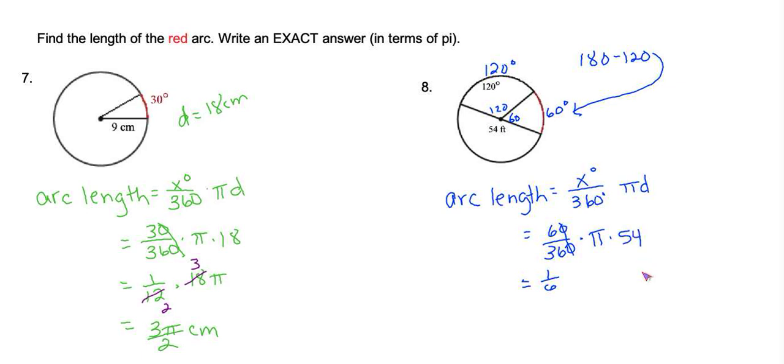So I want 1/6 of the whole circumference, which is 54 pi. So 1/6 of 54 is 9. So I'm going to get 9 pi, and this is going to be measured in feet. So 9 pi feet, that's my final answer there.